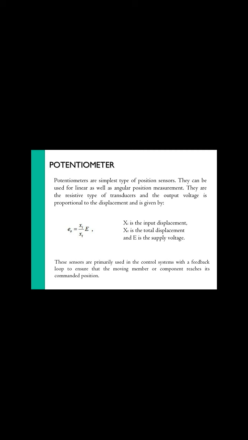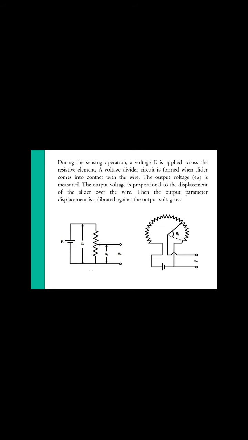These sensors are primarily used in control systems with a feedback loop to ensure the moving member or component reaches its commanded position. In this position sensor, during sensing an object, a voltage E is applied to the resistive material.